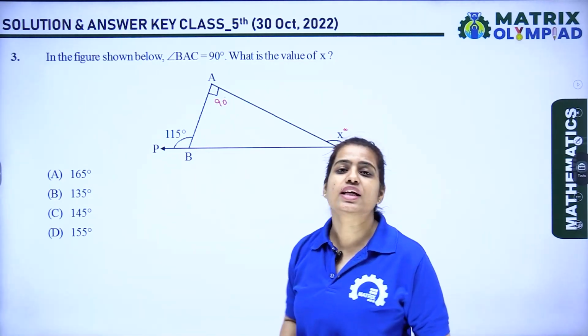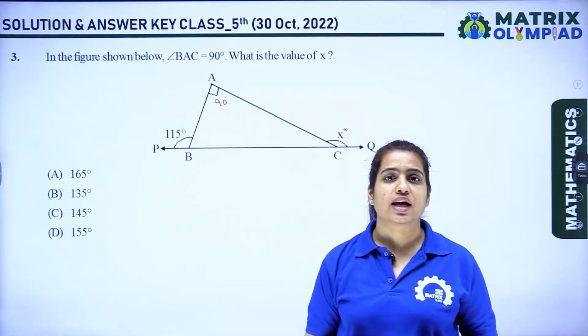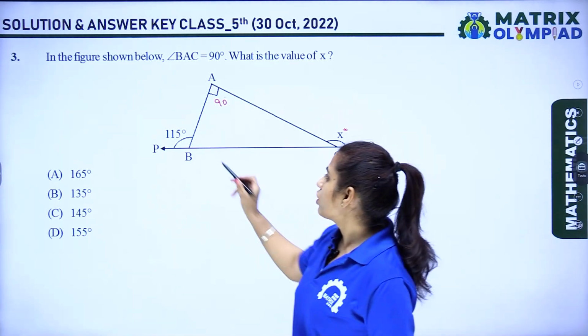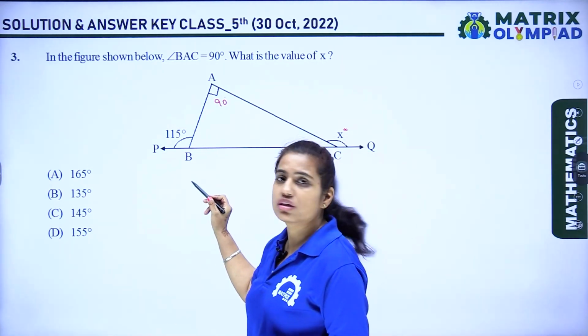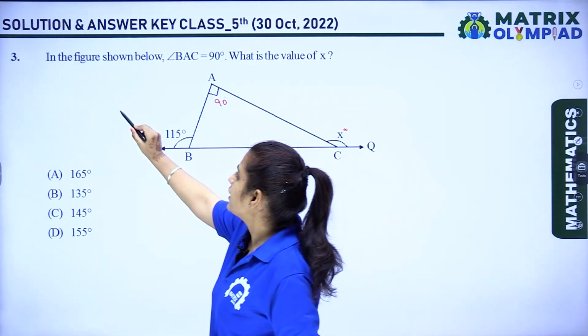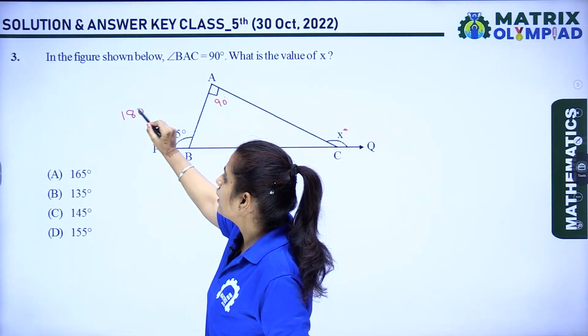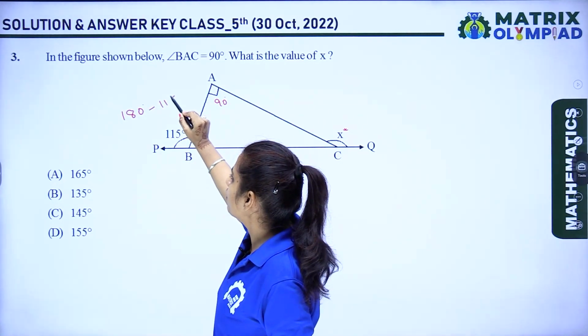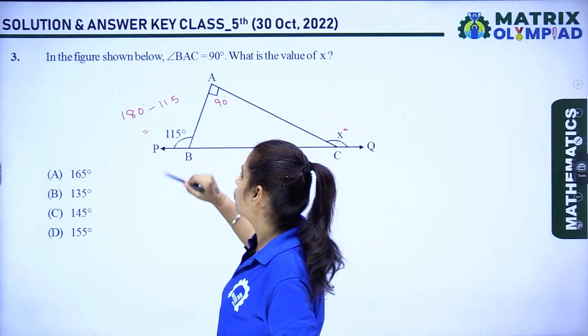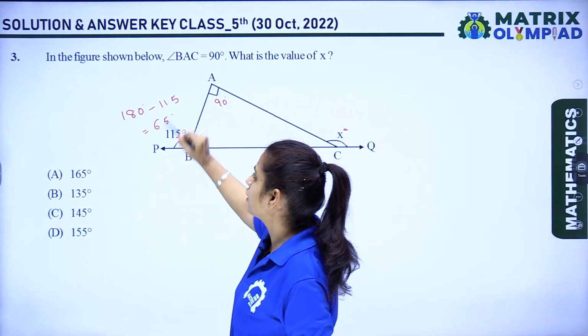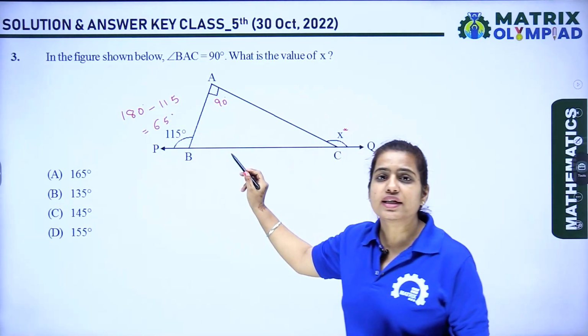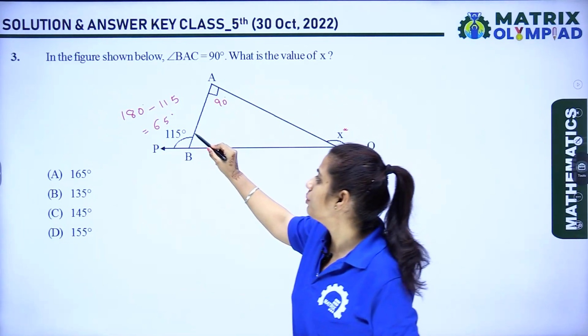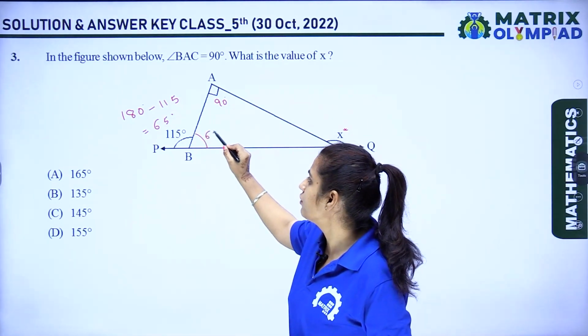And a straight line is equal to 180 degree angle, right? So, according to the straight line, we can say that 180 degree minus 115, which will give us 65 degree. So, here the interior angle of this triangle will be 65 degree.